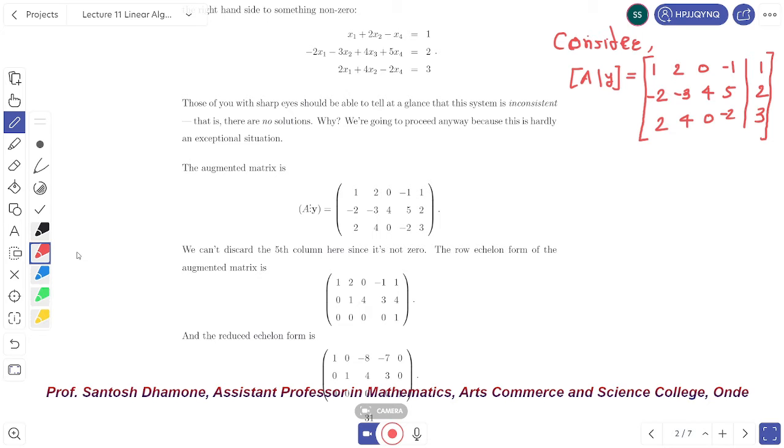For row 3, with R3 minus 2R1: 2 minus 2 is 0, 4 minus 4 is 0, 0, 0, minus 2 plus 2 is also 0, and 3 minus 2 is 1.